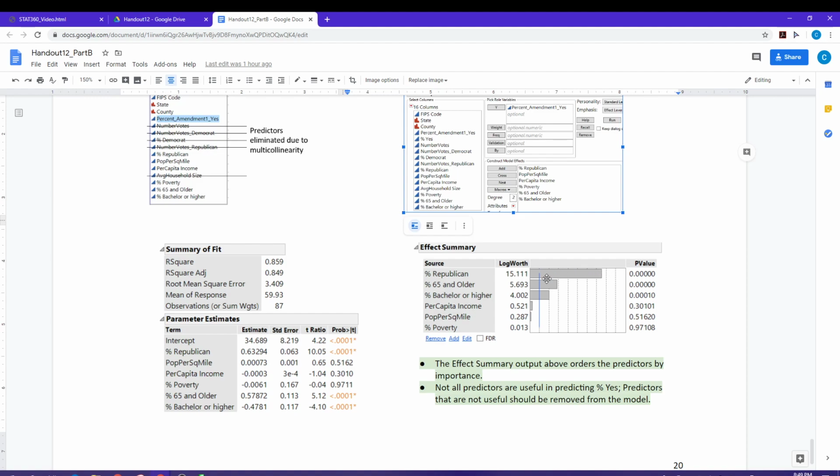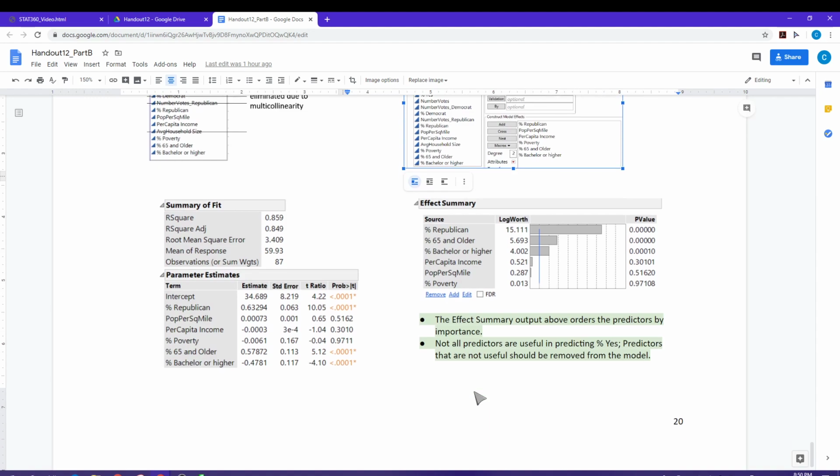JMP also produces just this little bar graph with this blue line. Anything that exceeds that line is going to be useful. So again, percent Republican, percent 65 and older, and percent bachelor or higher are going to be the important predictors. And I can identify that here from these p-values as well.